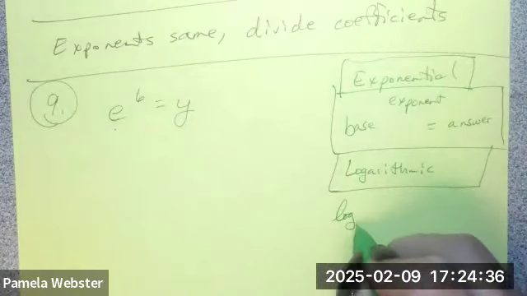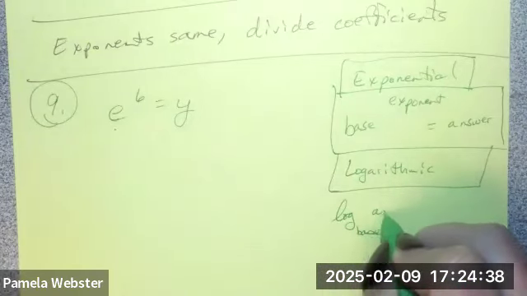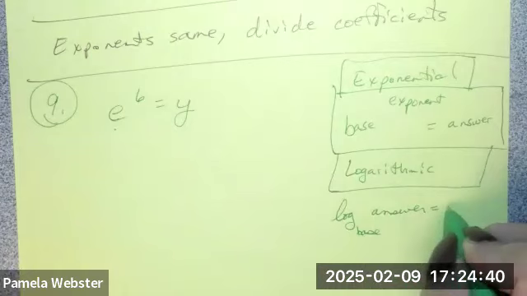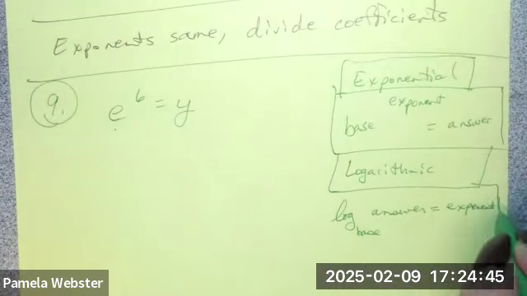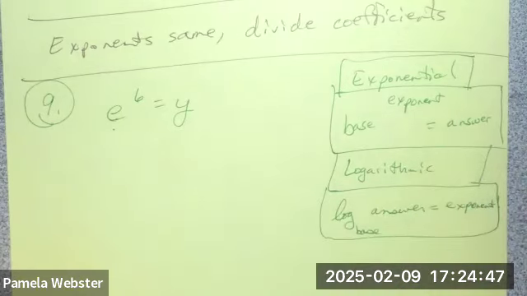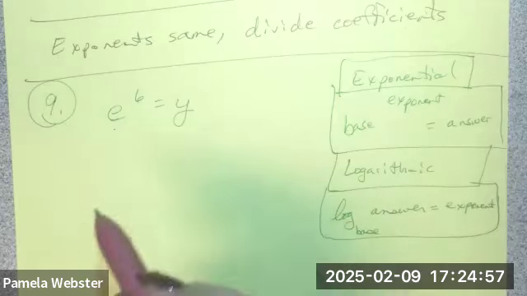So it's log base, answer equals exponent. And it's literally just rearranging stuff, like writing it in a different format. We're not doing any actual math to it yet. We're just making it look a little bit different so that we hopefully can do something with it.